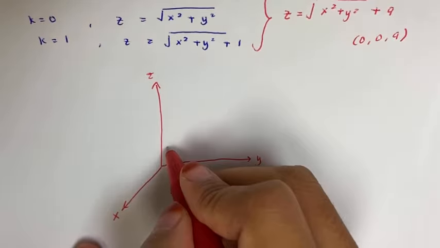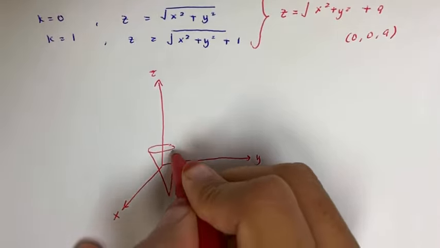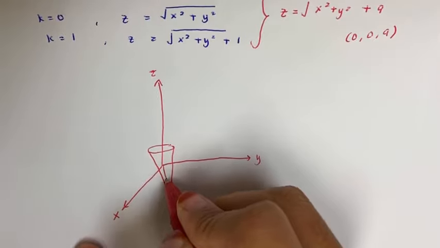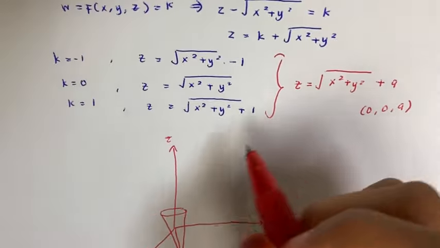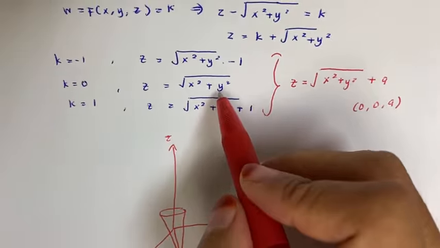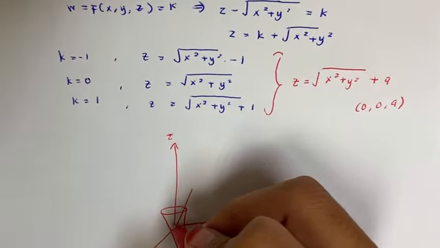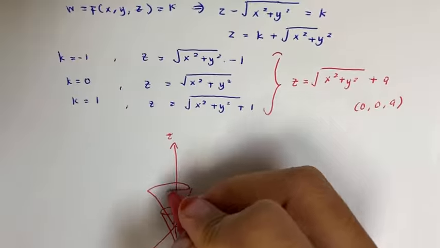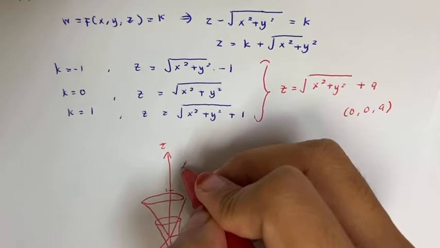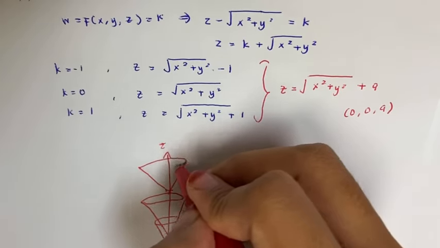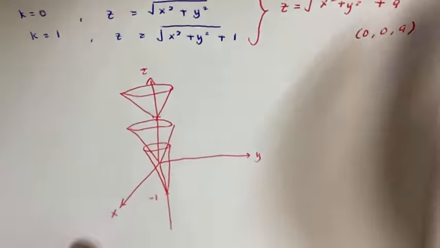So you have here the cone. Let's say we extend this. This is minus 1. And for this one, a is equal to 0, so this is your second cone. And for the last cone, let's say this is 1 here, so this is your third cone. You can sketch it better than me, I think.